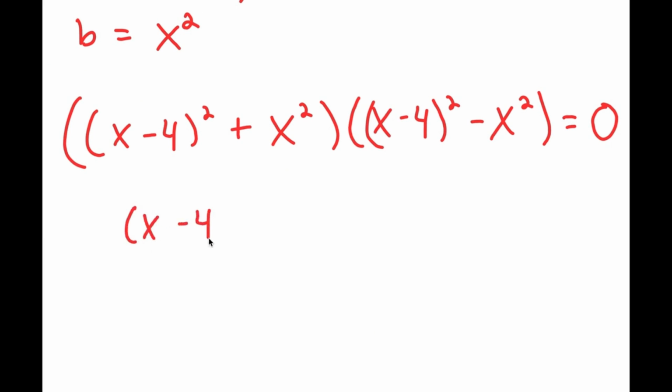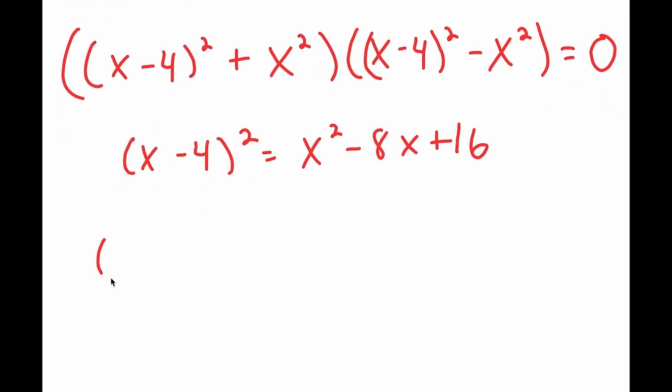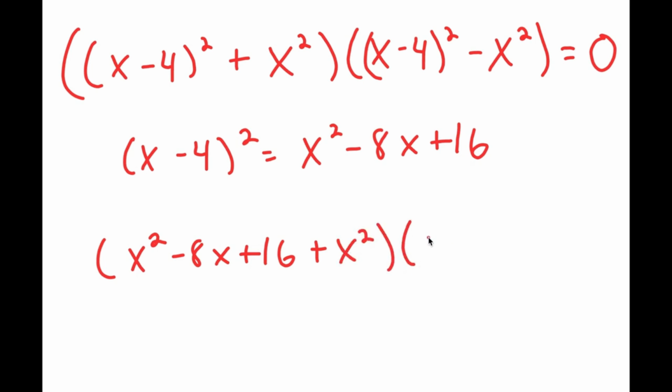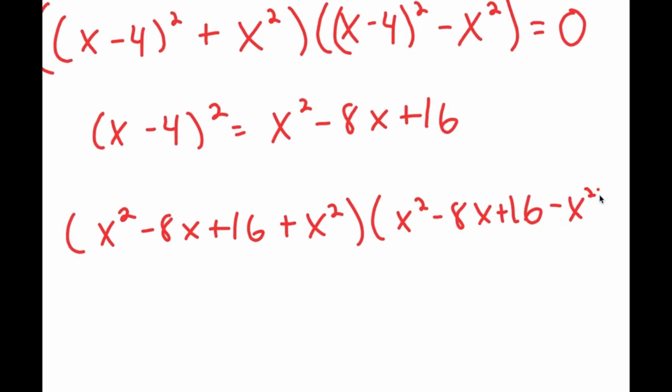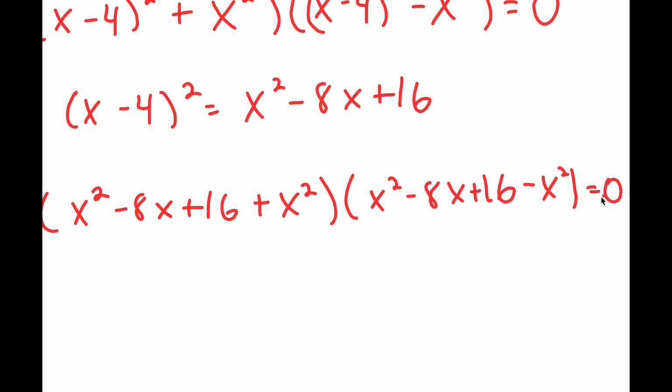So x minus 4 squared is equal to x squared minus 8x plus 16. So over here, I get x squared minus 8x plus 16 plus x squared times x squared minus 8x plus 16 minus x squared is equal to 0.